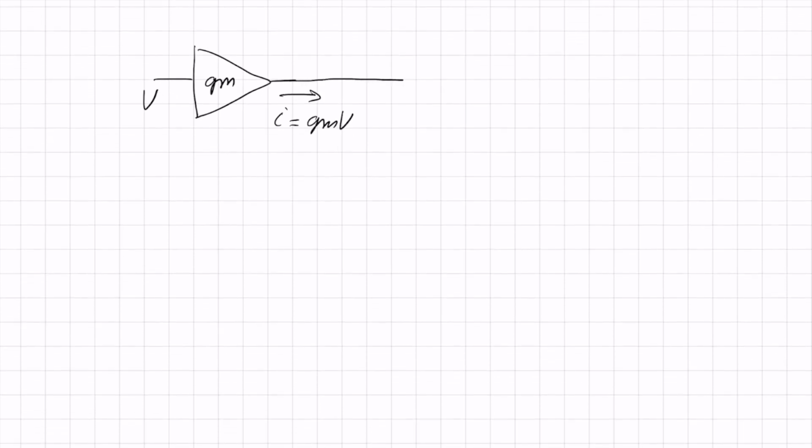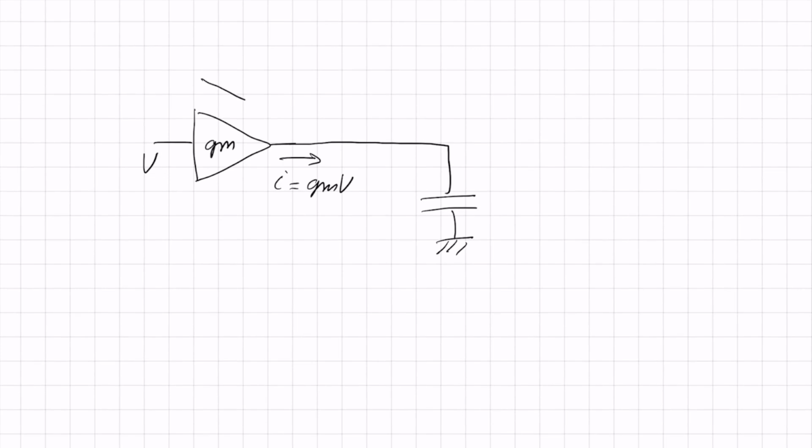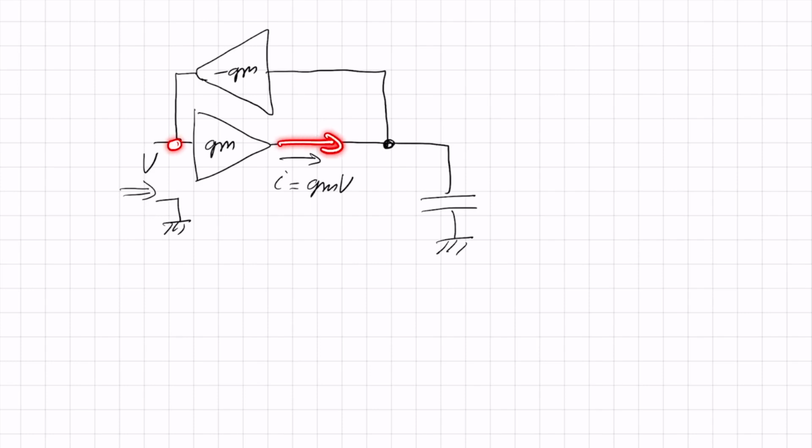I take this circuit, I connect a capacitor here, and I take another GM block, but I flip it around and I give it a negative sign. So it has a -1 multiplication inside. It senses this voltage and it injects a current over here. And now we can calculate the impedance that I see over here with respect to ground. So what happens is I apply a voltage, I get a current.